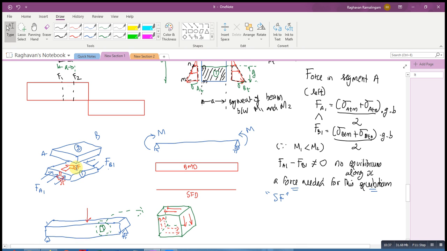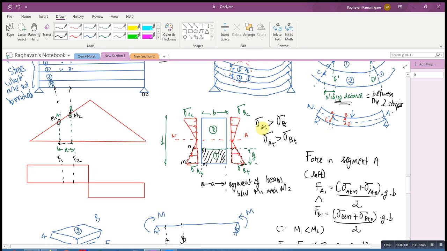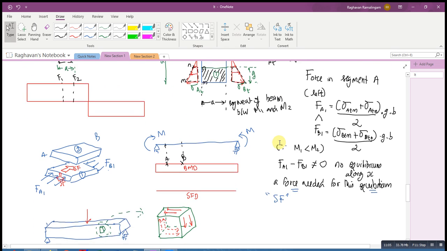Another thing which is interesting for you to notice: if you have a beam which has a constant bending moment diagram, then any 2 points that you take on this beam are going to have the same bending moment, which means your sigma A and sigma B will be the same value.